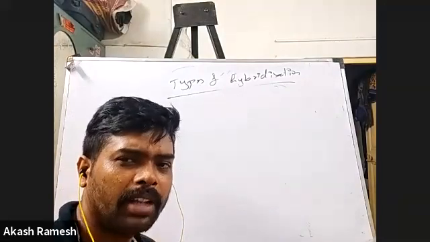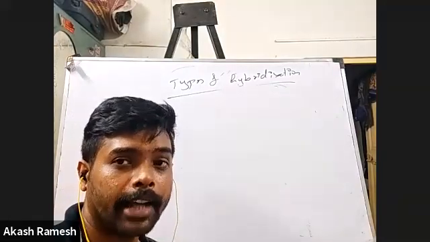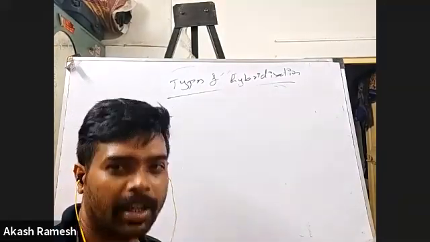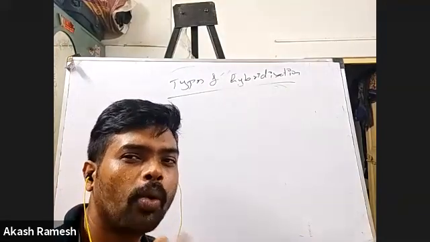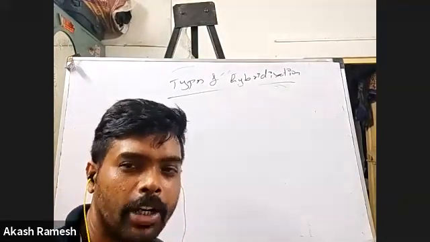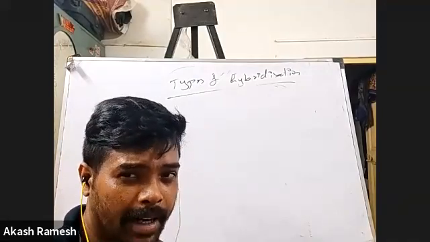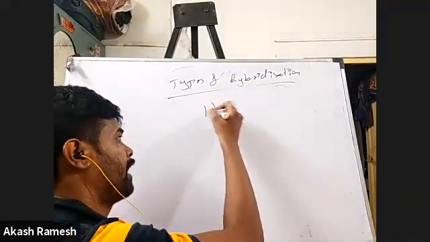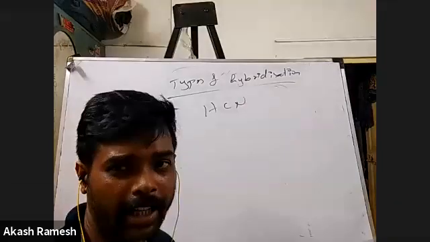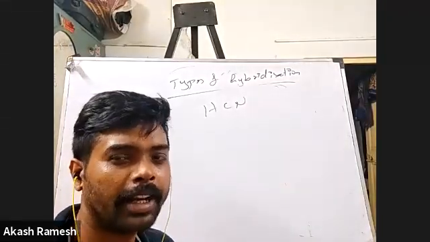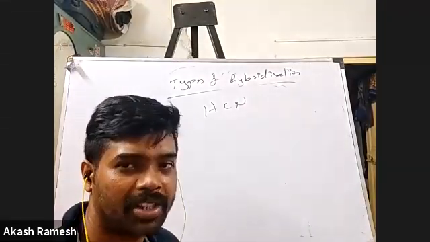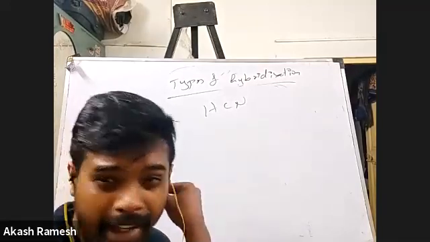But sometimes there can be problems in choosing what will be the central atom. Say for example, if I have HCN, how do you choose which is the central atom? Because I have 3 different atoms here.